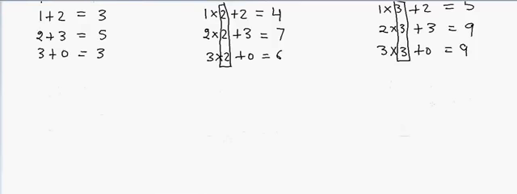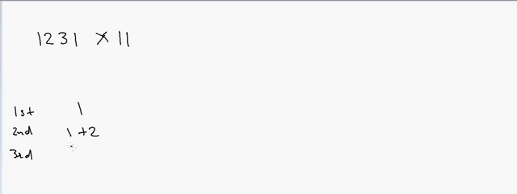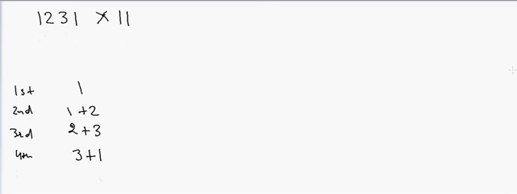So let's do another example. If I have 1, 2, 3, 1, I have to multiply by 11. So the first digit will be equal to 1, second will be equal to 1 plus 2, third will be equal to 2 plus 3, and fourth will be equal to 3 plus 1, and then we are left with the fifth, which is equal to 1.